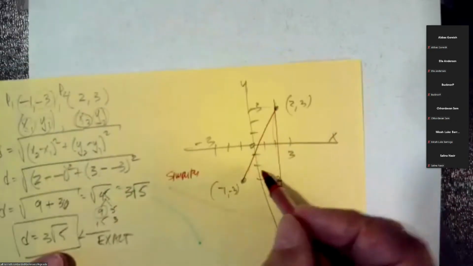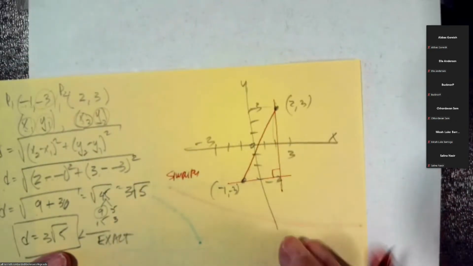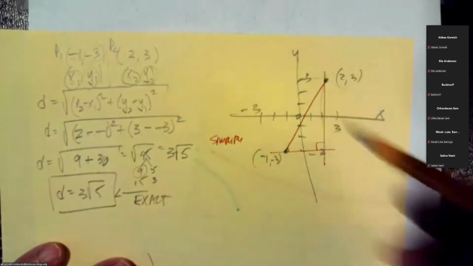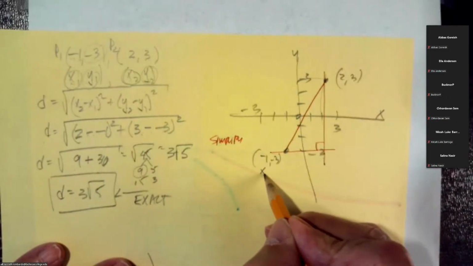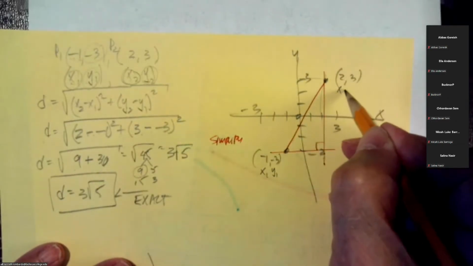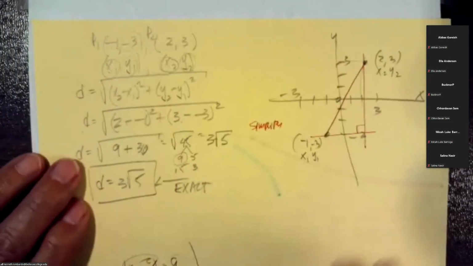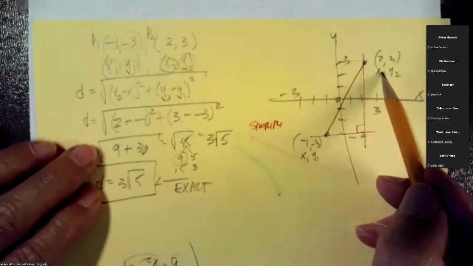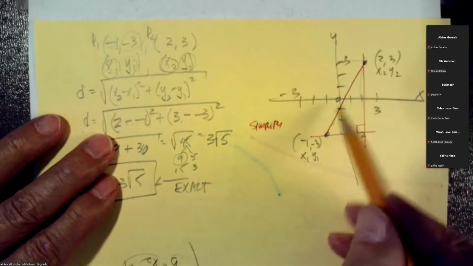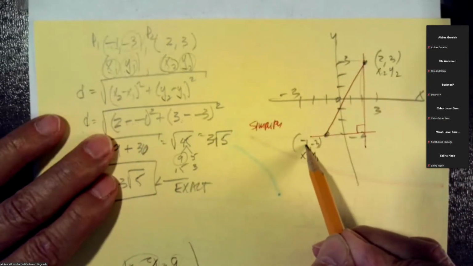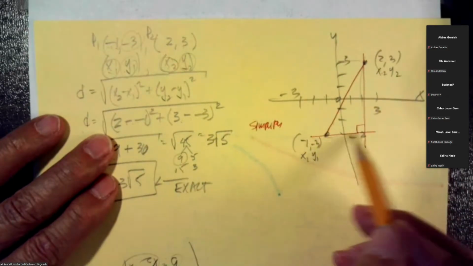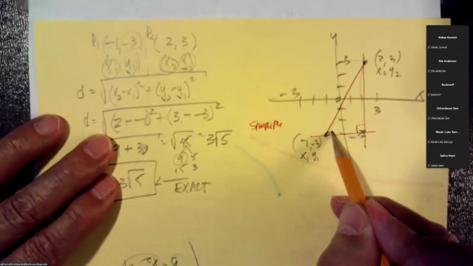And if I draw a vertical through there and a horizontal through here, it looks like I have a right triangle. And then I've labeled this x1, y1, x2, y2. So I said x2, which is 2, minus x1, which was negative 1. So that gives me this distance, doesn't it? That gives me this distance here.